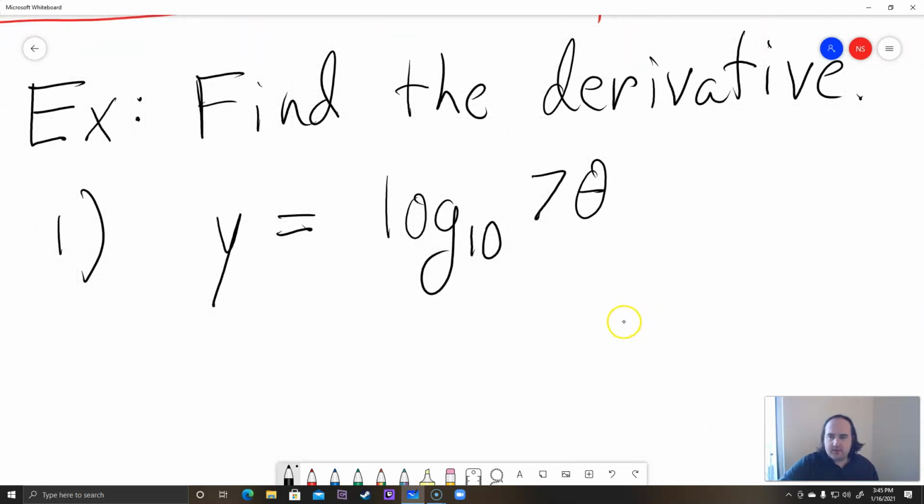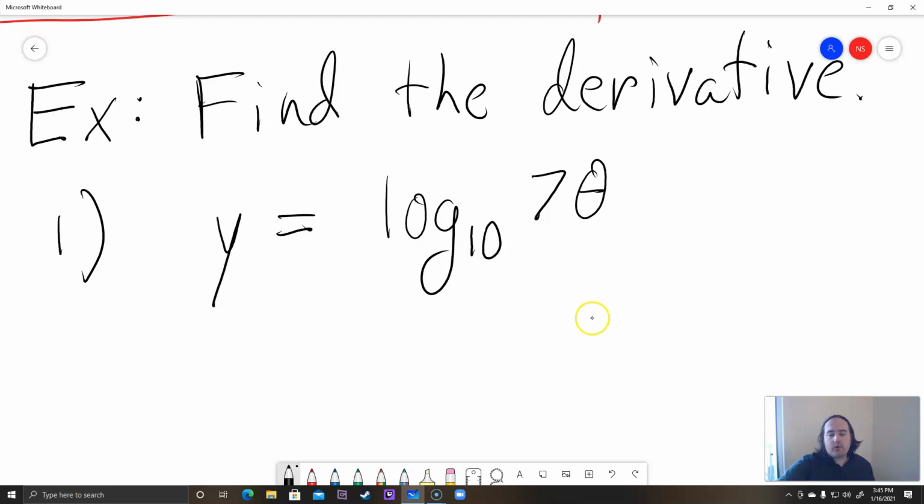Sorry, I'm zooming in a little bit. Getting a little bit thin writing there. So here the base is 10, but we don't just have an x, we have theta. So here theta is our independent variable.